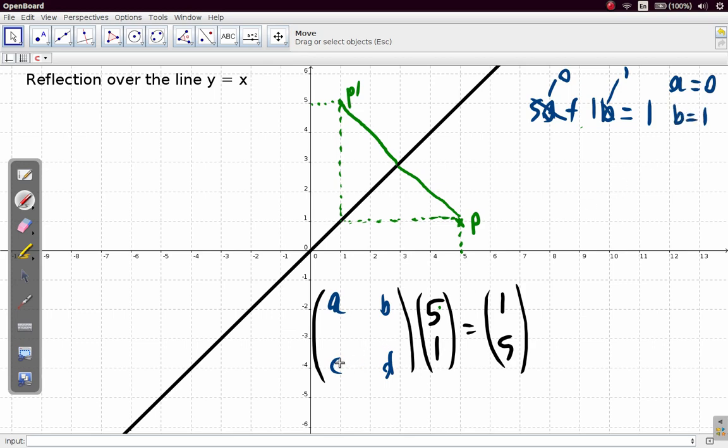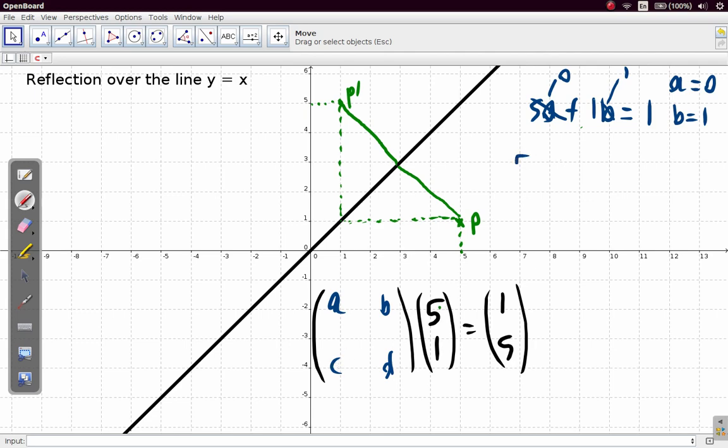What about C and D? It should be C by 5 when you multiply it out.